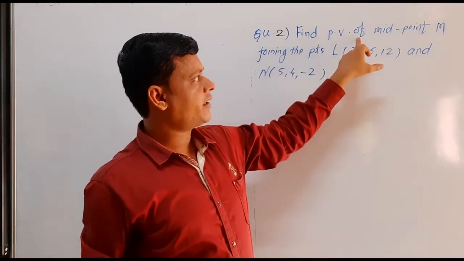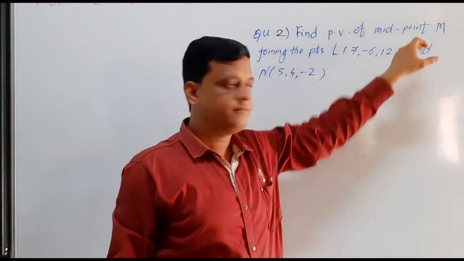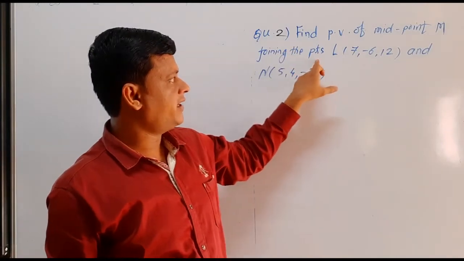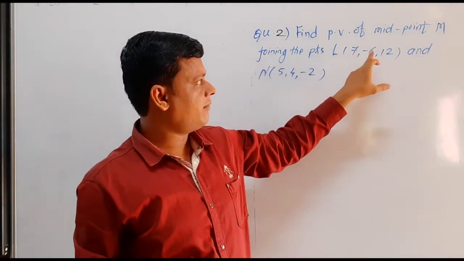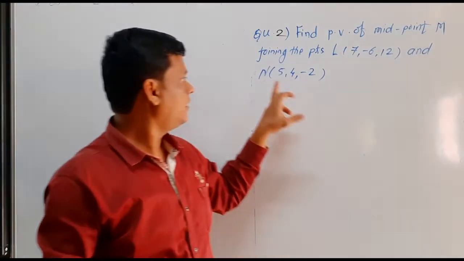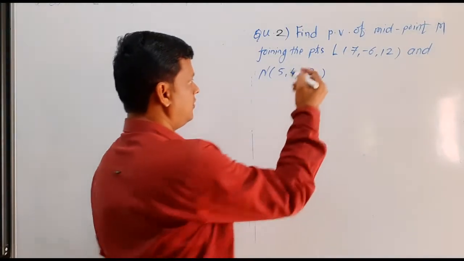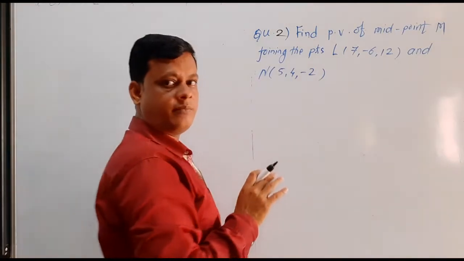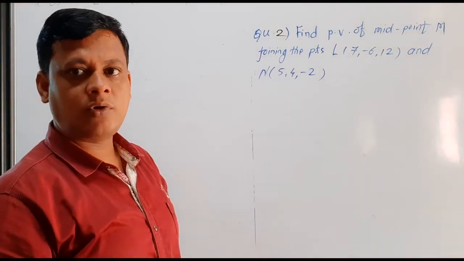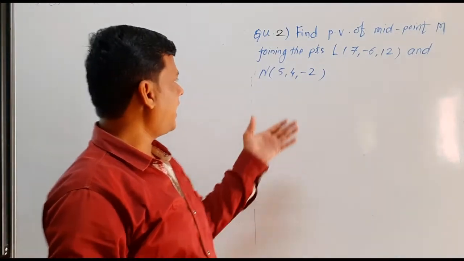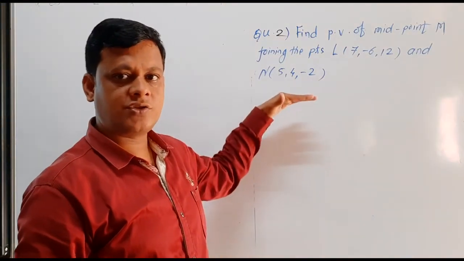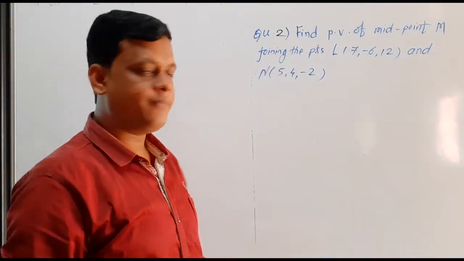Find the position vector of midpoint M joining the points L of 7, minus 6, 12 and N of 5, 4, minus 2. So we see the theorem for section formula for internal division, and from that we also see the midpoint formula.